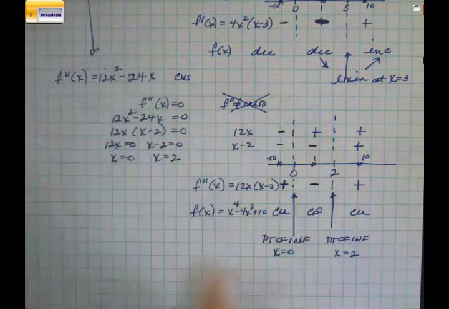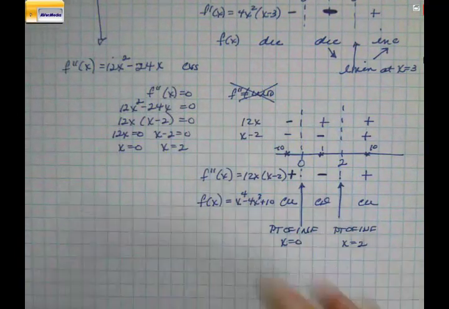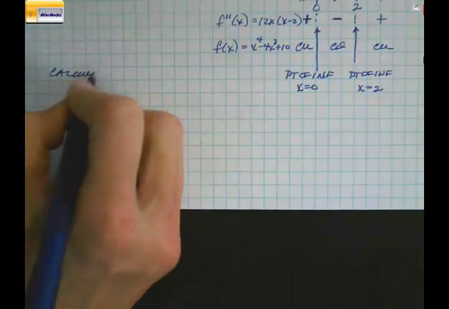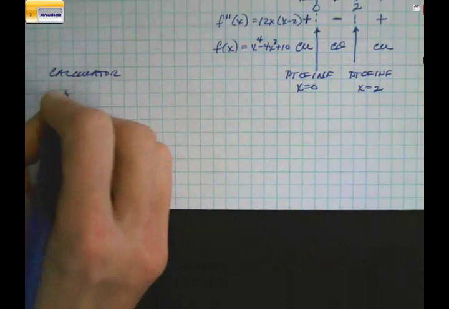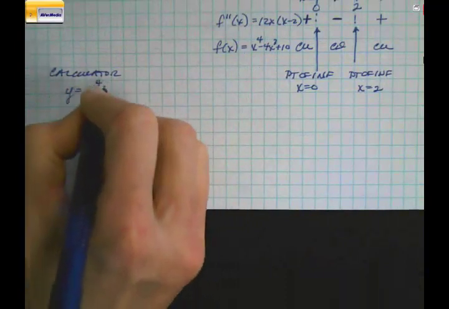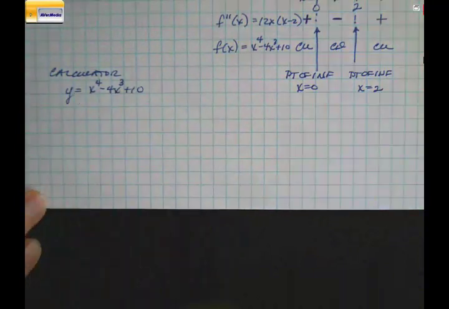We feel good. We got a bunch of answers over here, but now let's actually use the calculator to see if what we came up with is right. So let's go to our calculator and graph it. Our original quartic or fourth degree function is x to the fourth minus 4x cubed plus 10.